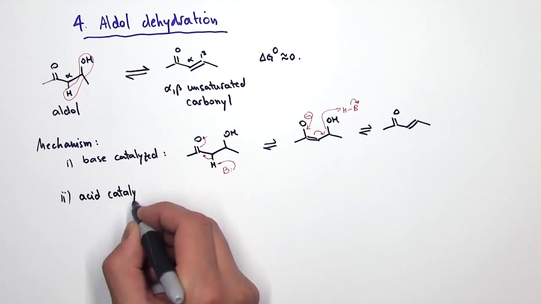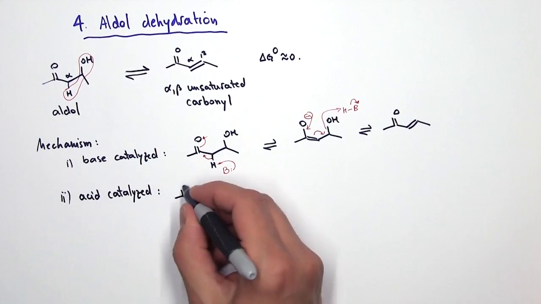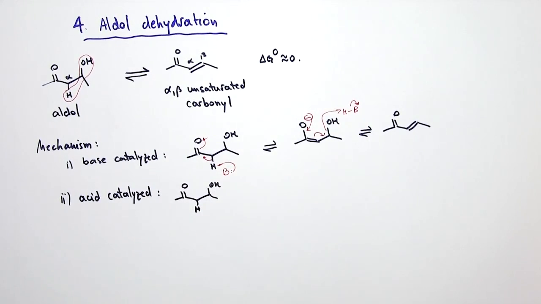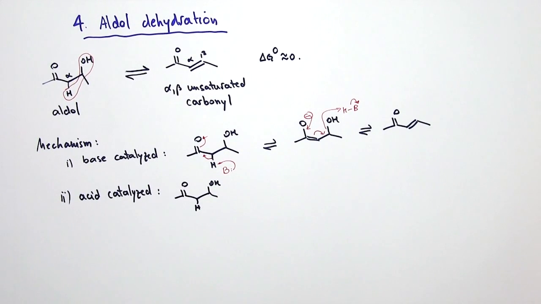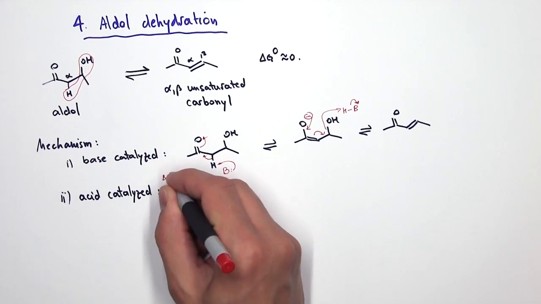The acid catalyzed mechanism goes along the same lines. As you remember, in order to form the enol in an acid catalyzed context, first we have to protonate the carbonyl.